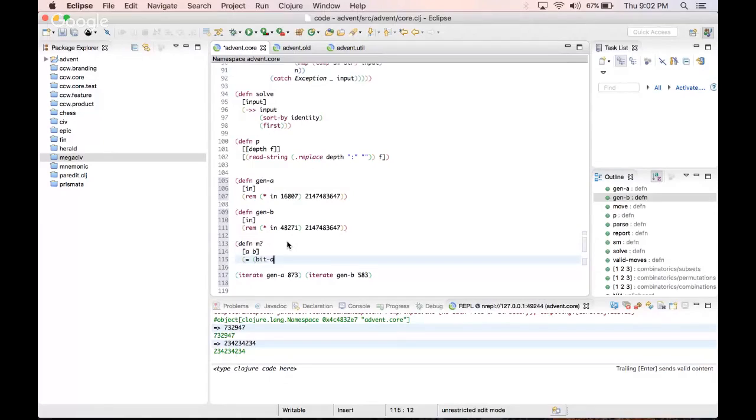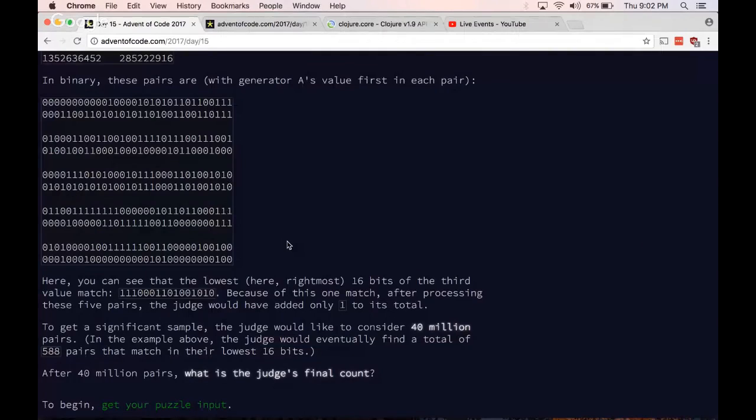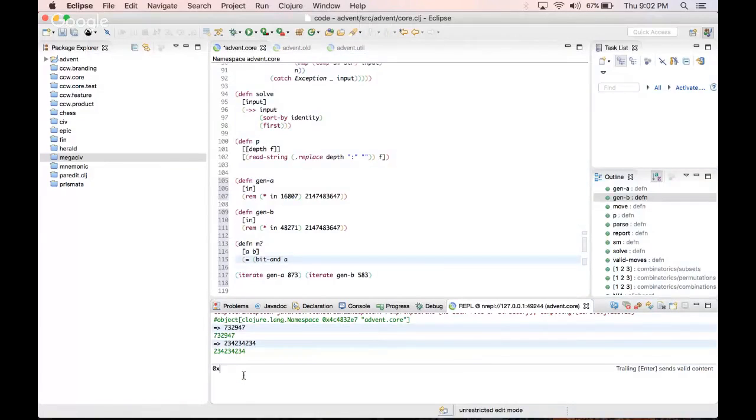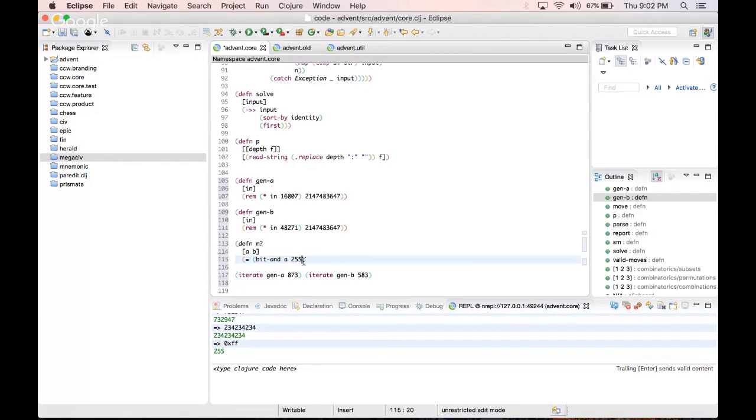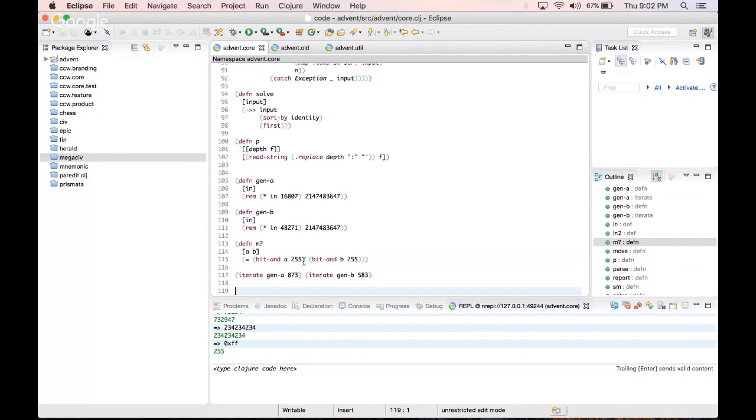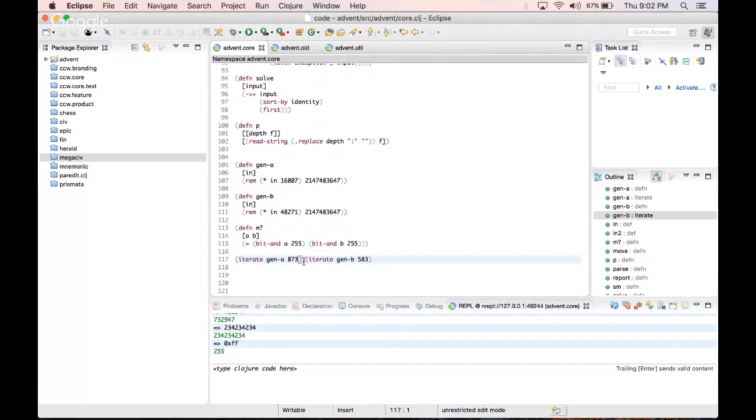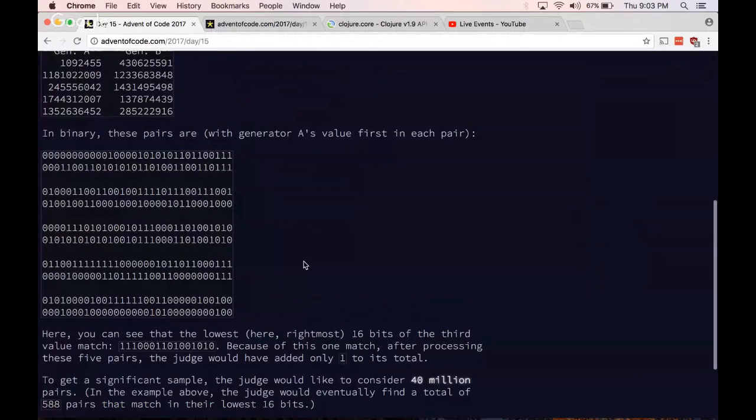Is it the case that bit and A from, let's see, 16 lowest bits should be like that, I think. Yeah, 255. Bit and B, 255. And then I think we don't want to take the first value from here.